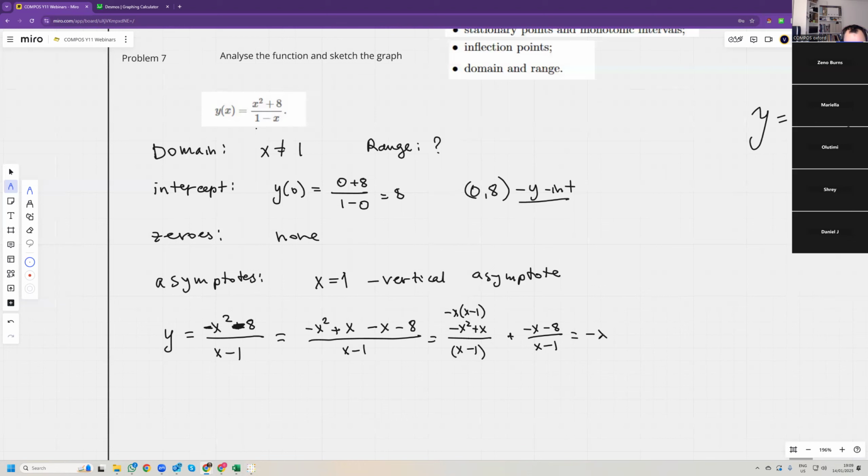So I get minus x. Now I'm going to repeat that. I'm going to write minus x plus 1 minus 9, because 1 minus 9 is minus 8. So I've simplified this, and I now can write minus x minus 1 minus 9 over x minus 1.